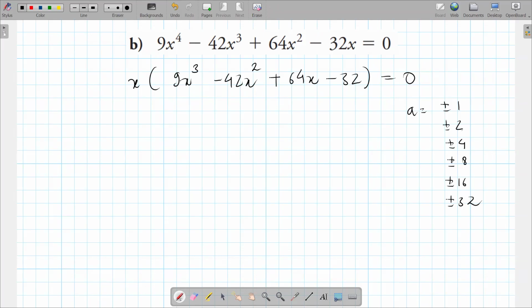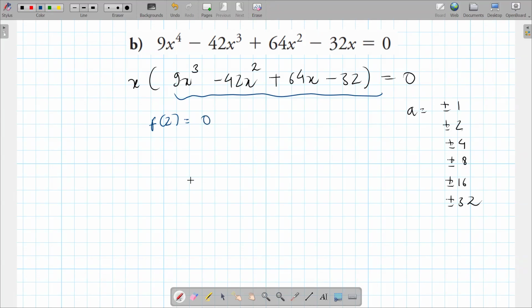Okay, so I did some magic maths, and it turns out in this function, if you plug in f of positive 2, let's prove this. So 9 times 8 minus 42 times 4 plus 64 times 2 minus 32. 2 definitely works.